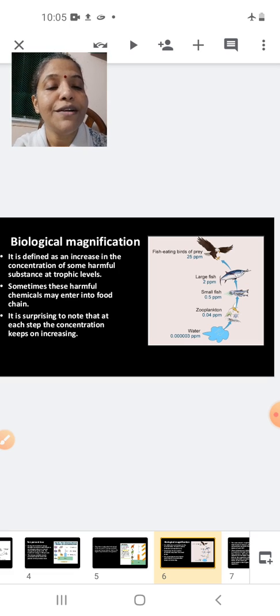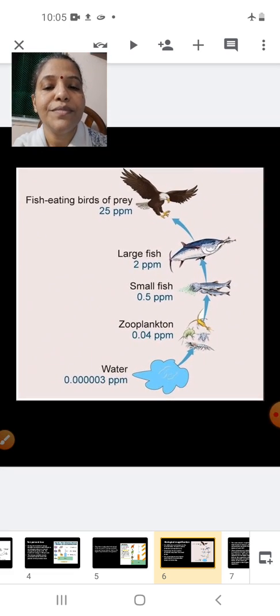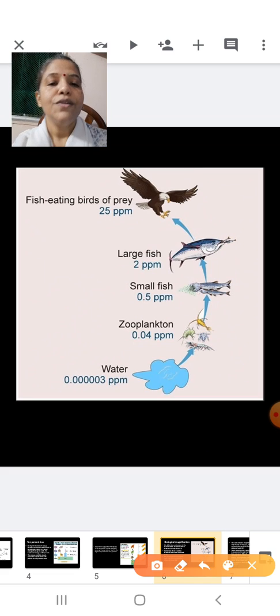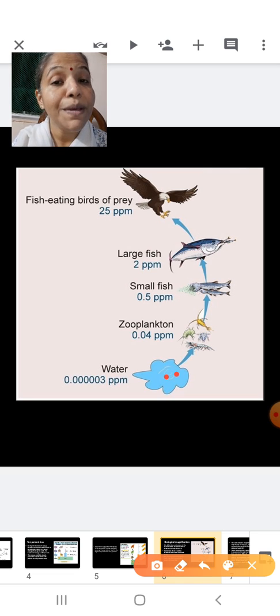I will explain it with the help of a picture. Here I have a water body, and in this water body I have a pollutant. The amount of pollutant is very low, 0.0000003 ppm. ppm stands for parts per million.